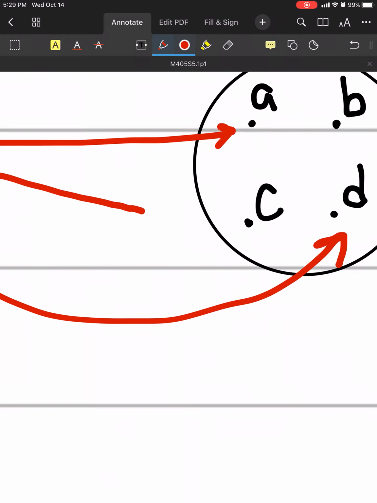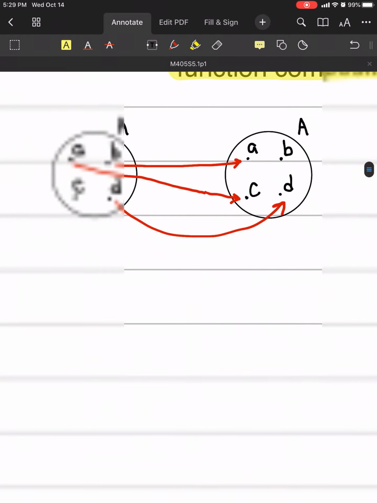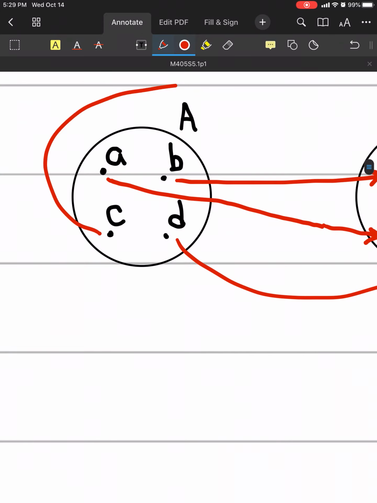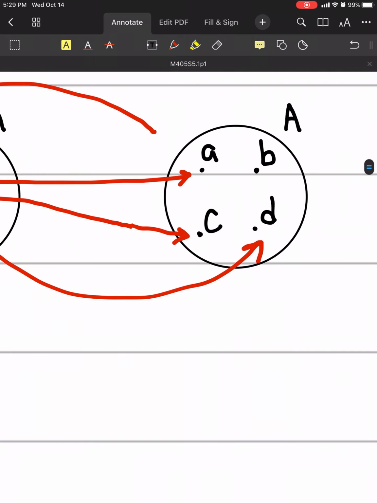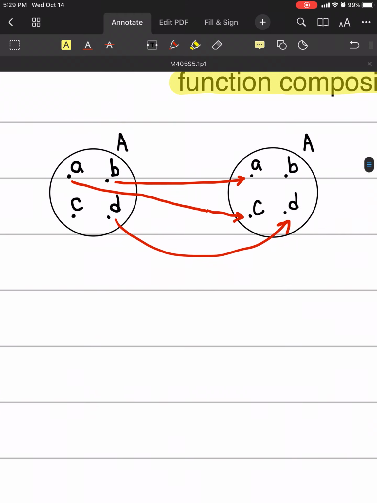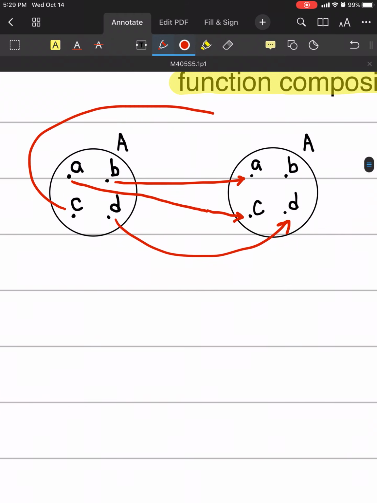Okay, A goes to C, and C goes to A. Oh no, can't do that. Hang on. Already used A. So C goes to B.